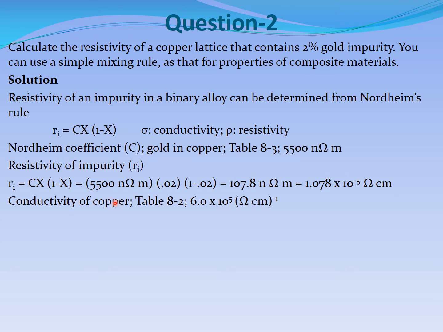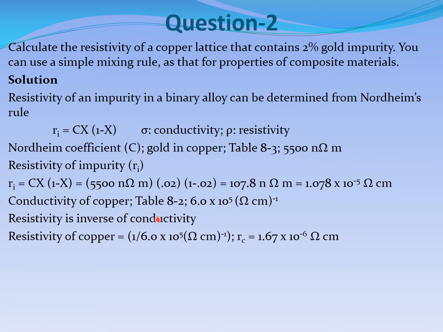Conductivity of copper, table 8.2, is 6.0 times 10 to the 5 ohm centimeter inverse. That is why I have converted it. So in table 8.3 it was resistivity, in table 8.2 it is conductivity.